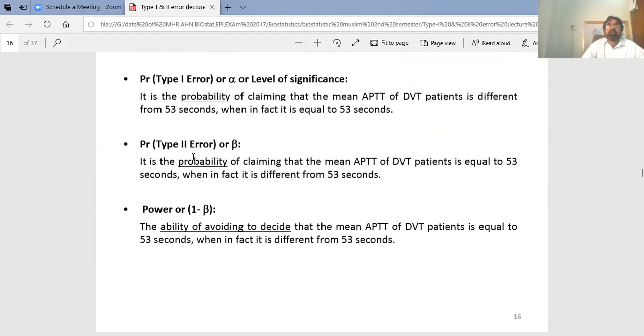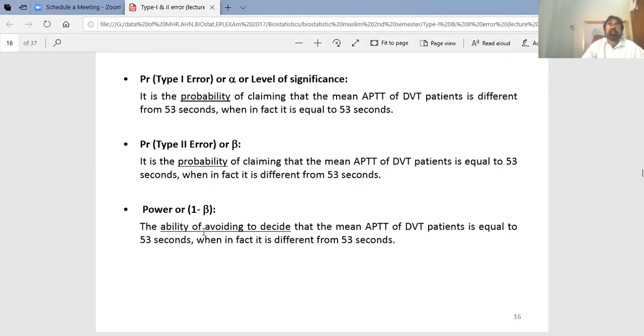And the probability of a type 2 error, or beta error, is the probability of claiming that the mean APTT of DVT patients is equal to 53 seconds when in fact it is different from 53 seconds in the population, but in the sample it is equal to 53 seconds. So if in the whole population it was different from 53 seconds and you accepted this false null hypothesis, you committed a type 2 error, or beta error.